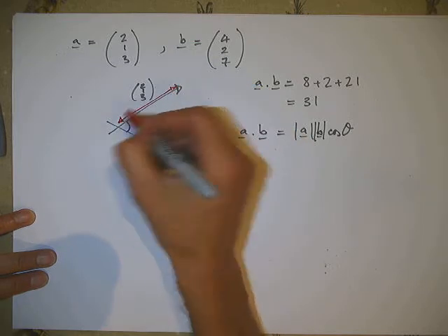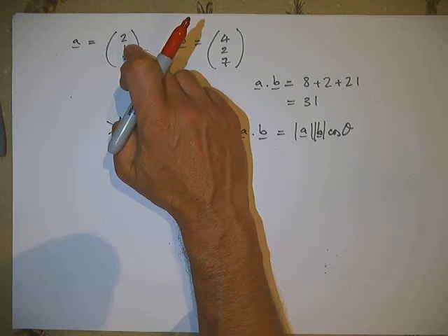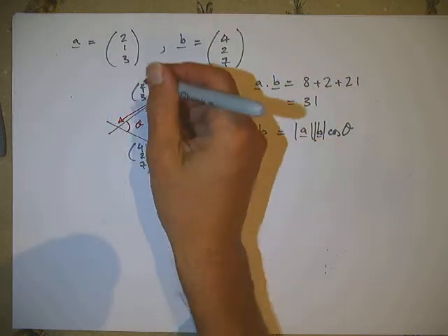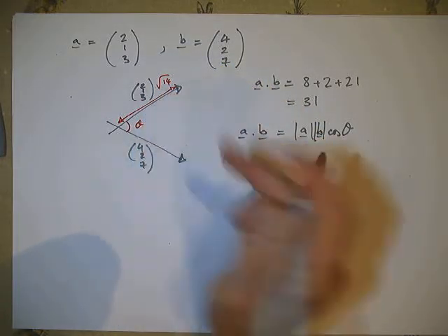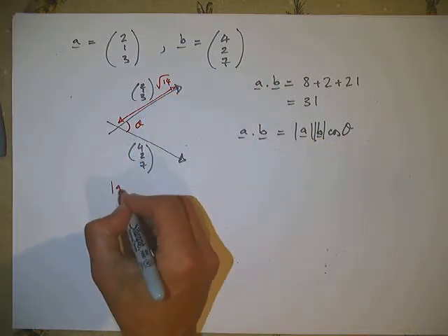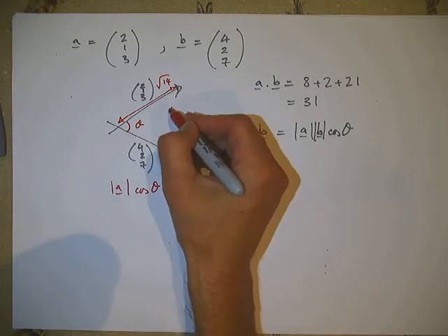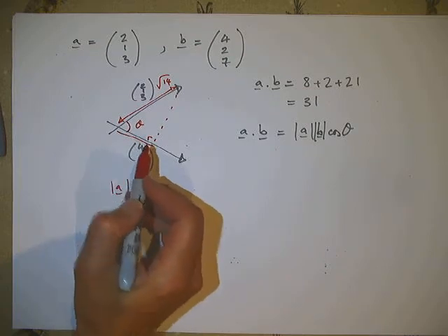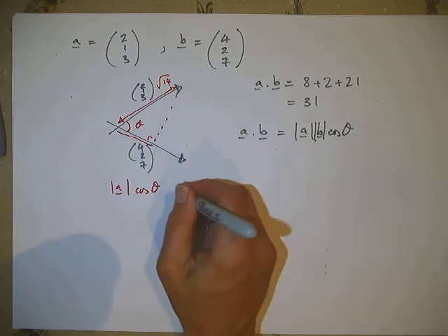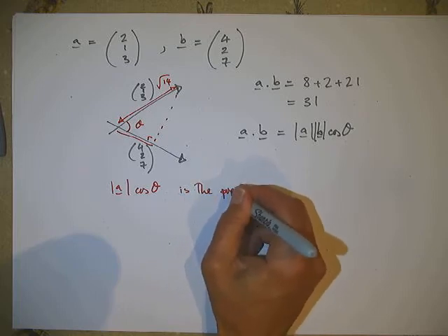The length of that vector is 4 plus 1, 5 plus 9, root 14. When I work out mod A cos theta, I'm working out a length here. I'm working out what's called the projection.